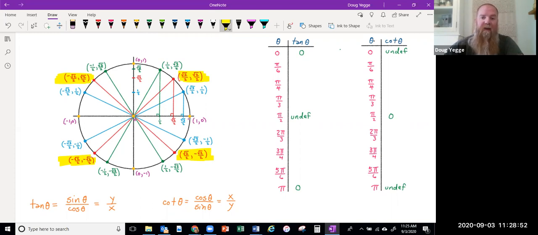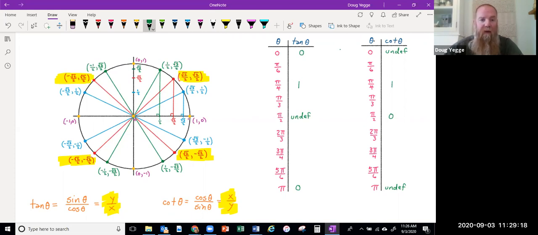So notice that each time I get pi over 4, whether I take x over y or y over x, I'm going to get the same value of 1 or -1, depending on what quadrant. So that must mean that when I go to my pi over 4 angles, root 2 over 2 divided by root 2 over 2 is 1. And the reciprocal of 1 is still 1.